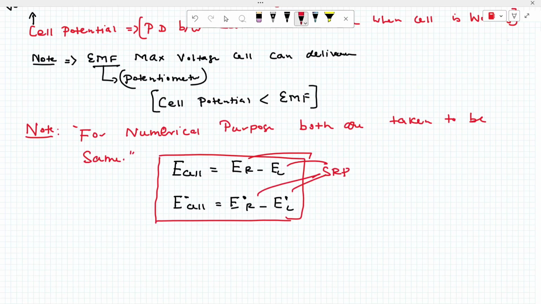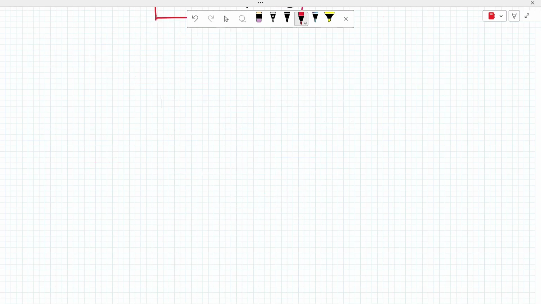Now see, very important. How to find, using SRP, which undergoes oxidation and which undergoes reduction? Please note, that is called the significance of standard electrode potential.